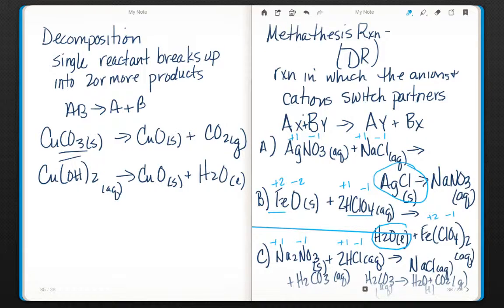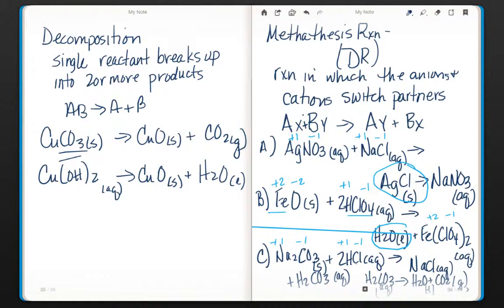I wrote this wrong. I'm sorry. This should have been CO3. Okay. Sorry about that.